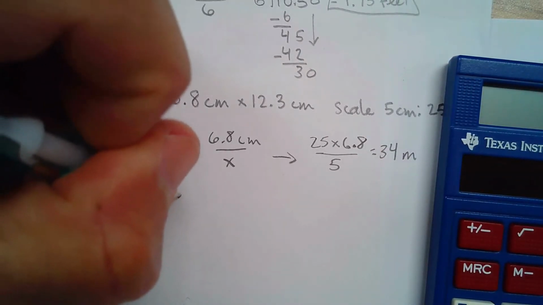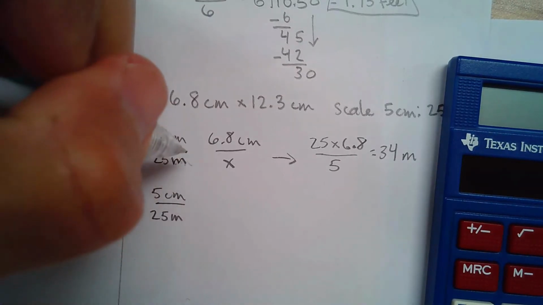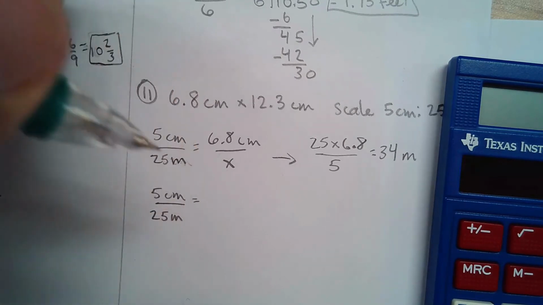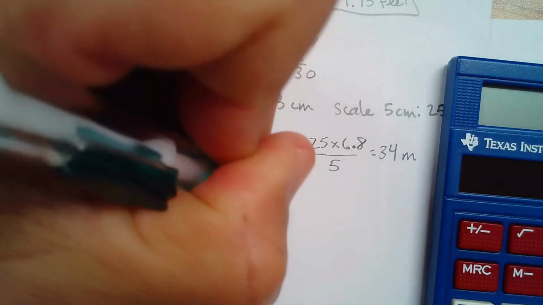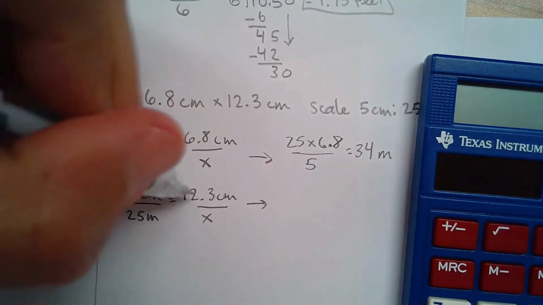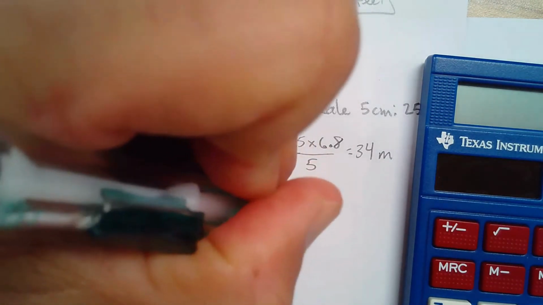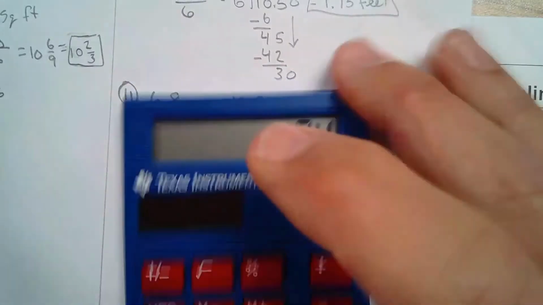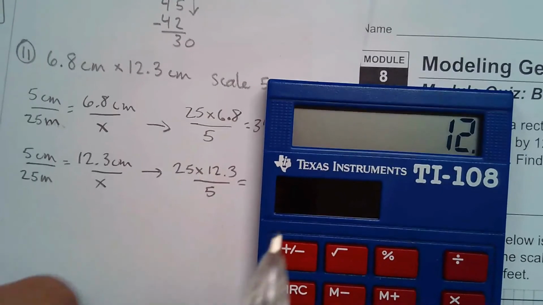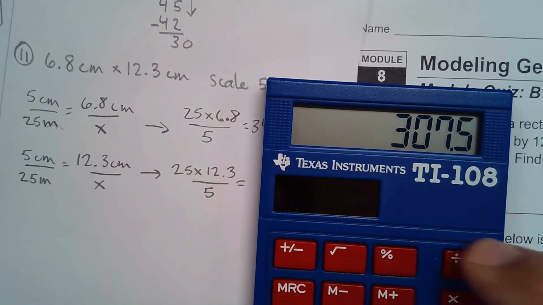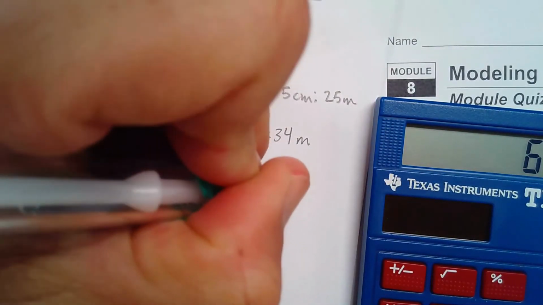So 5 centimeters is 25 meters, and 12.3 centimeters is what? That would be 25 times 12.3 divided by 5, which is 61.5 meters.